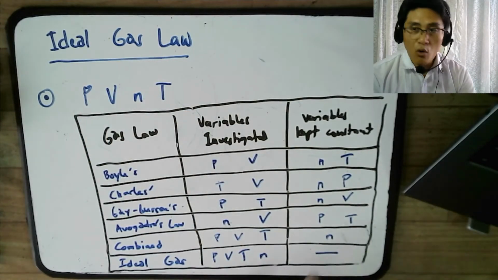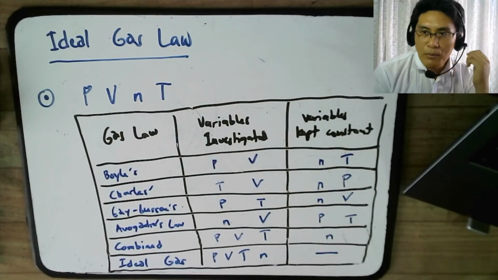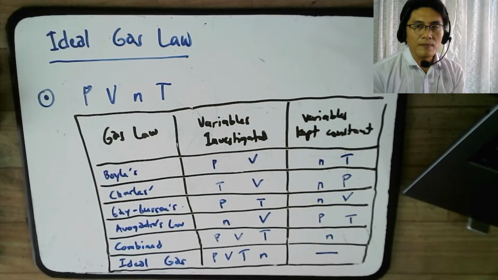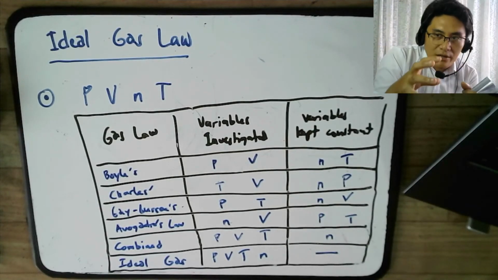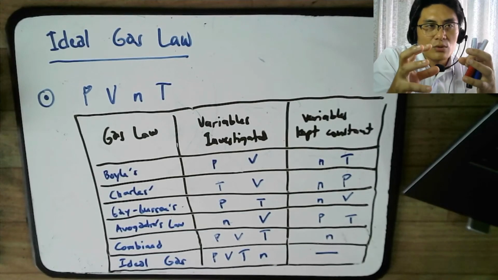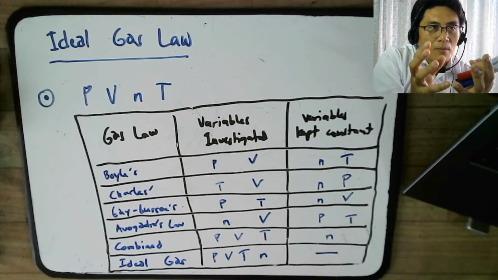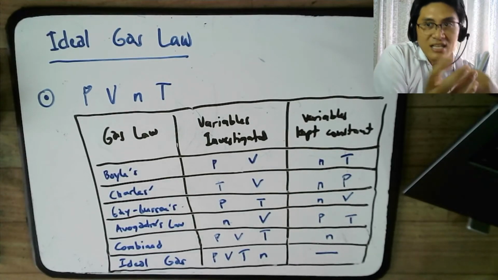Well, because it's the most logical one. Because if you think about it, what is N? N is number of particles. A lot of times when we investigate, we put a gas inside a container, right? And if we put a gas inside the container, we want that container to be sealed, meaning the container cannot take in more particles and cannot release more particles.